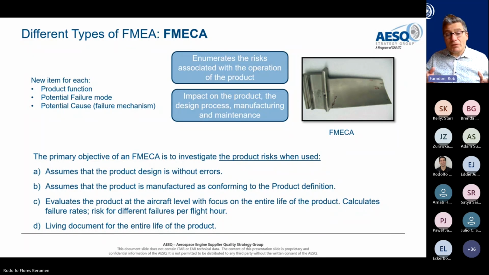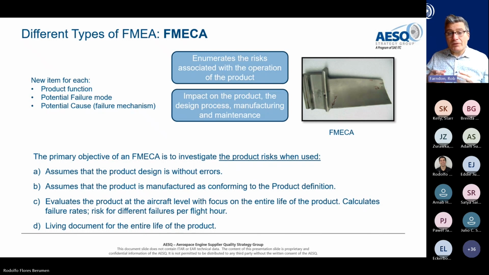That's what we're going to assume. And we're going to assume that the product is correctly manufactured and is completely conforming to the product definition that comes out of the design office. What we're going to do is basically take that conforming product and evaluate it at the aircraft level, at the operational level, at the super system level, if you like, and focus on the entire life cycle of the product.